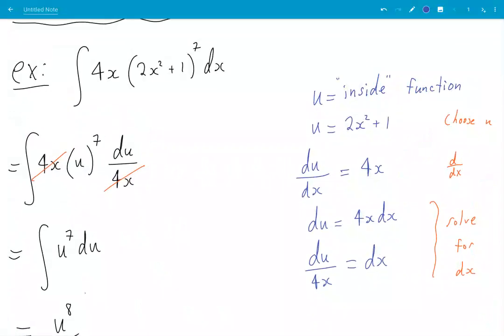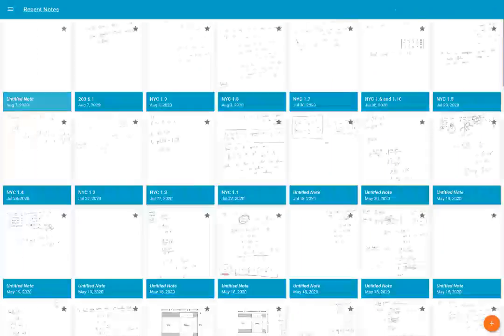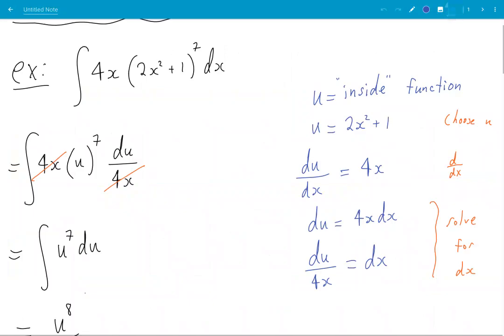Okay, first example. What happened? Oh boy, what's happened here? Have I deleted everything? Oh no, I just switched pages. Okay. Sorry about that.